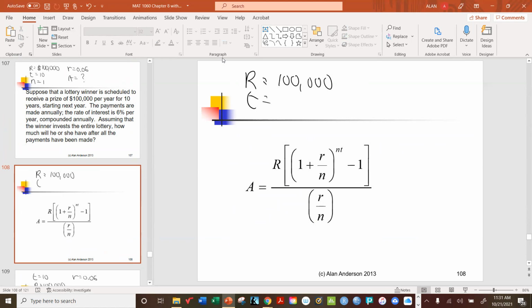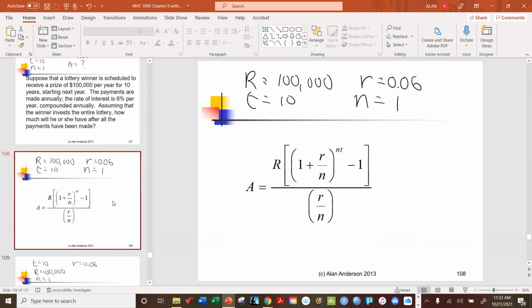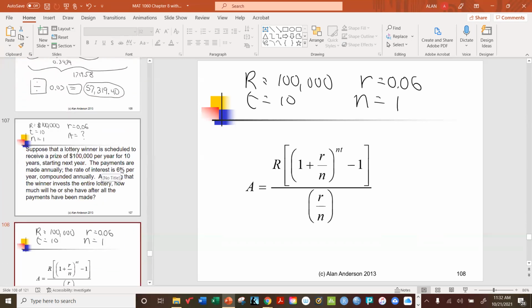T is 10. R is 0.06. And N is 1. So plug in those numbers and let's see what you come up with. Now, by the way, here's a hint. Since you're getting 10 payments of $100,000 each, your answer has to be more than $1 million. If you get something under $1 million, you know something's wrong.